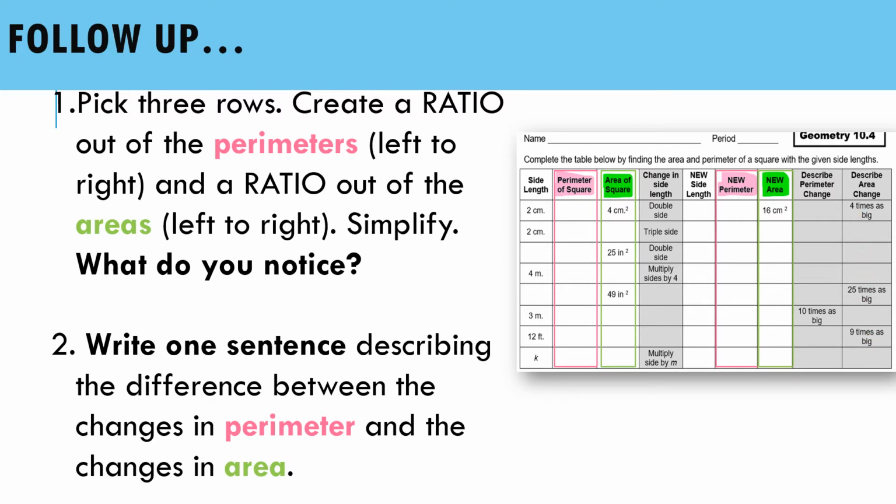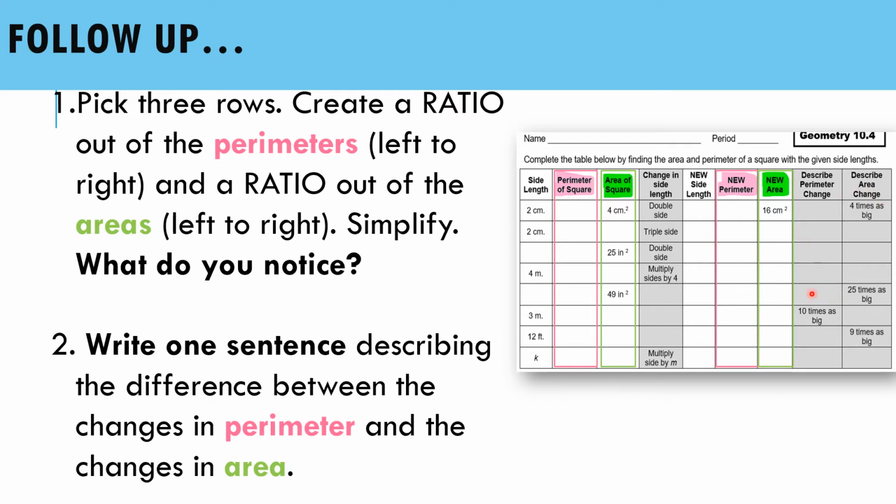So one thing I hope you will notice is that your change in side length and your change in perimeter are always going to be the same, right? If you double the side length, then your perimeter is also going to be doubled. But then when you get to the area, the key thing to notice here is that the perimeter change compared to the area change is actually being squared, right? If it's 2 times as big, well, 2 squared makes 4.